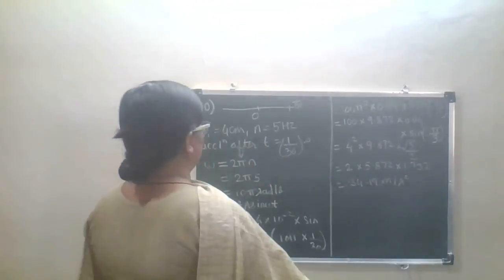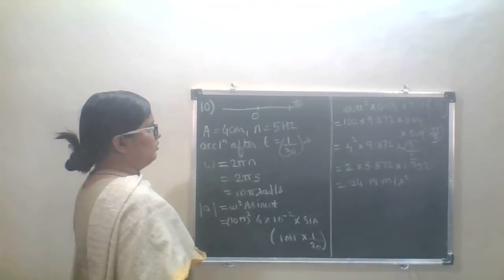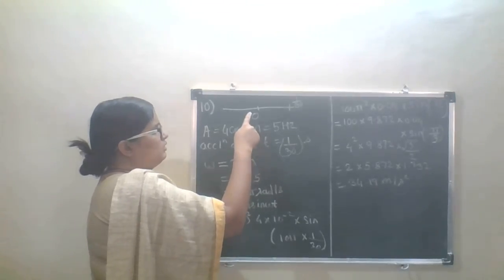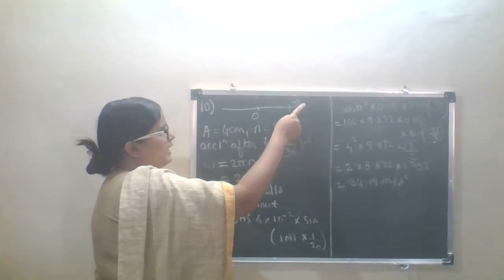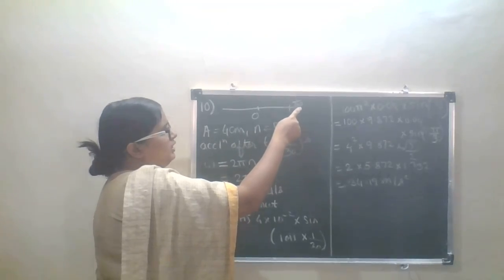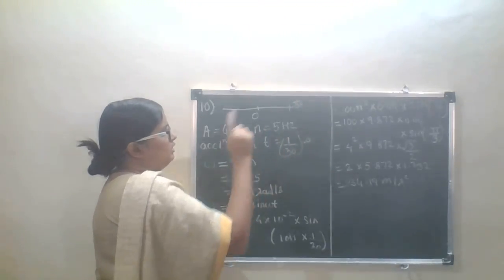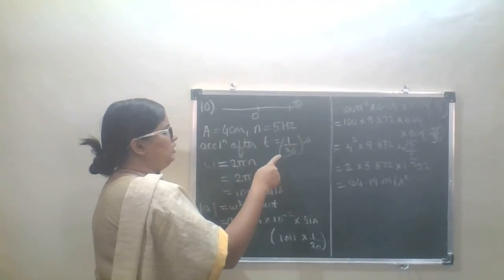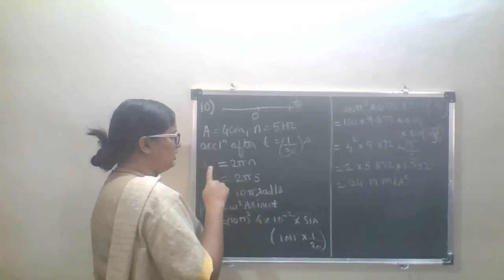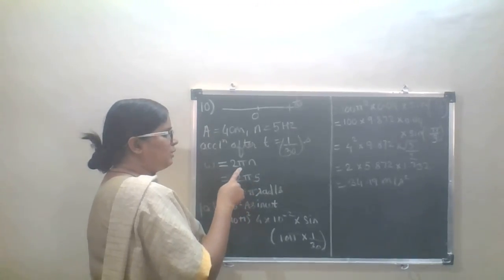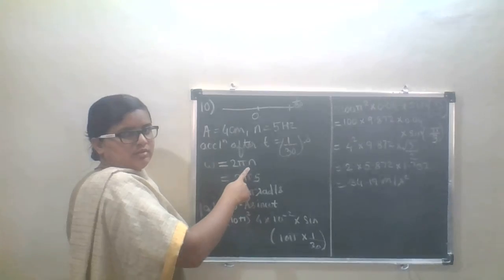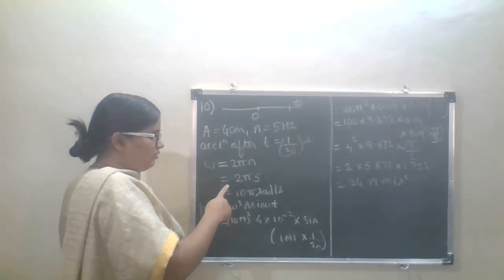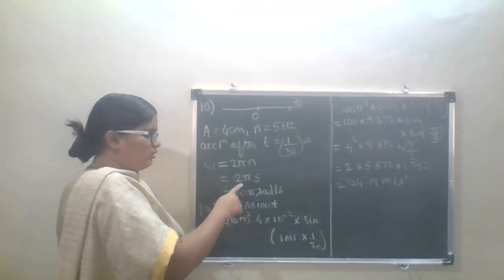So this was your 10th question. The amplitude A was given and frequency was given, and this is the mean position, and we have to find the acceleration at the time t equal to 1 upon 30. We know the formula omega is equal to 2 pi n.